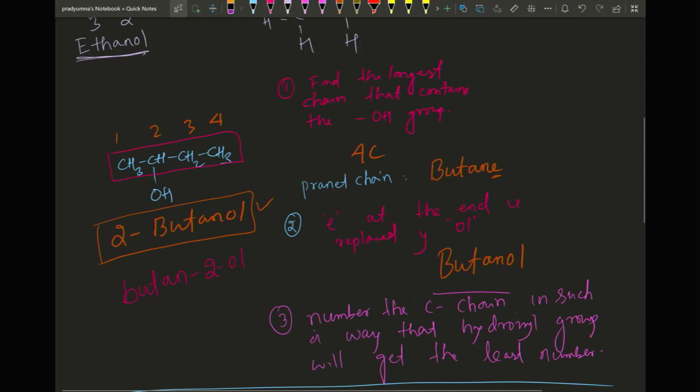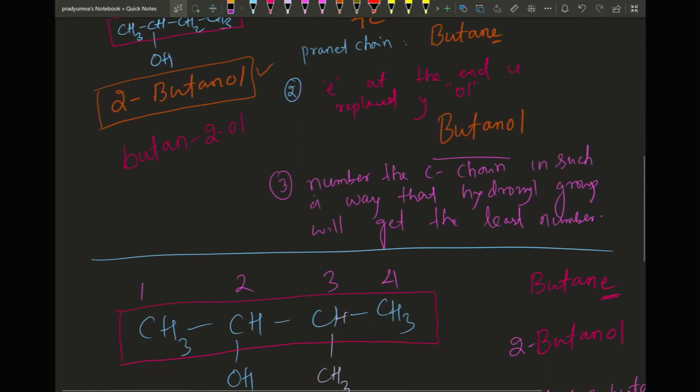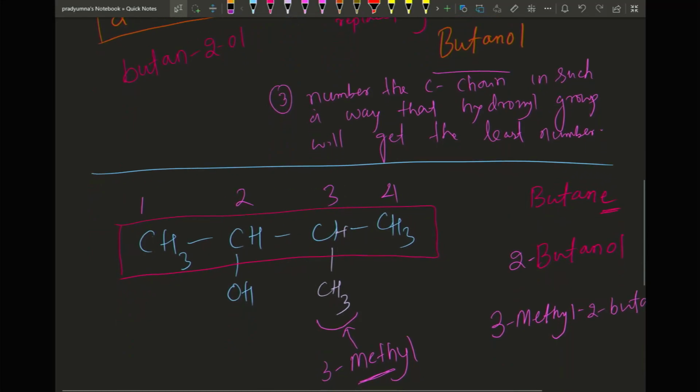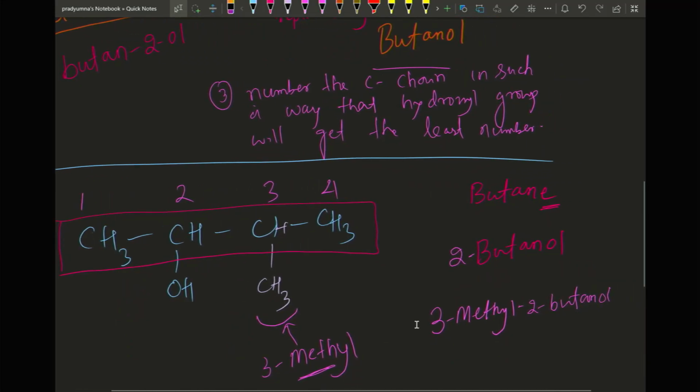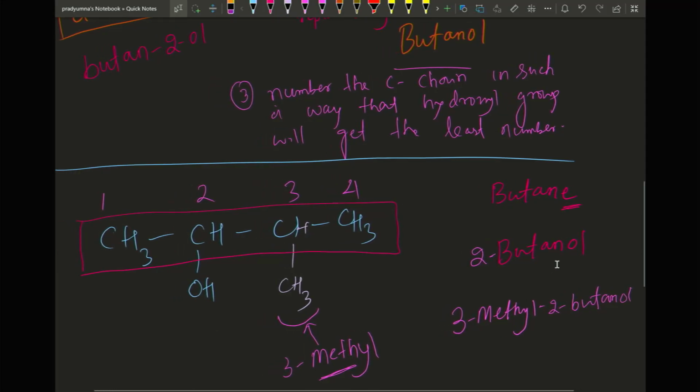So you could add the number either at the beginning or right before ol. Here I could have named my structure 3-methylbutane-2-ol, but that's not easy to pronounce. So the older method is pretty obvious: 2-butanol. So you follow this method, writing the number before the name. All right, so that's all I had to say here.